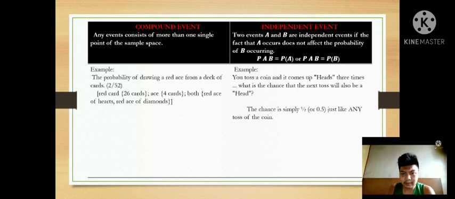Example, you toss a coin and it comes up heads 3 times. What is the chance that the next toss will also be a head? The chance is simple, 1 half or 0.5 or 50%, just like any toss of a coin.